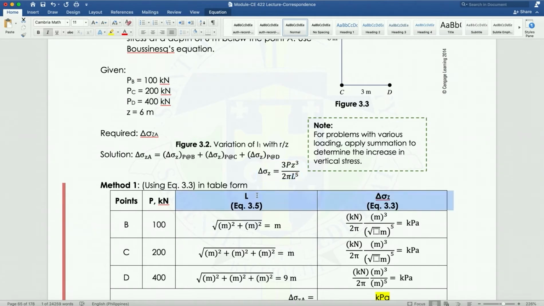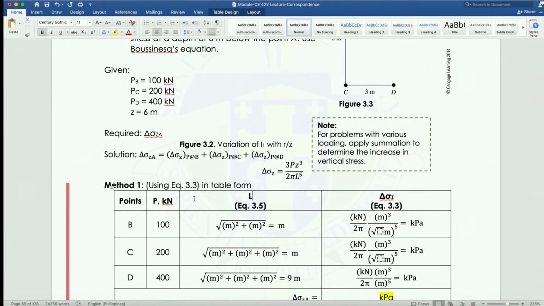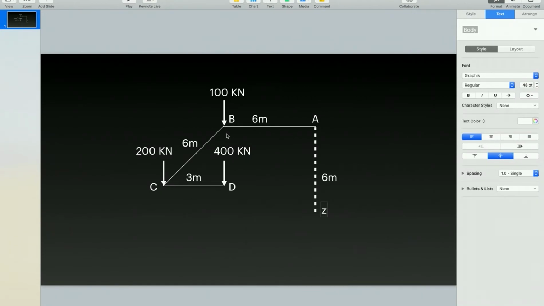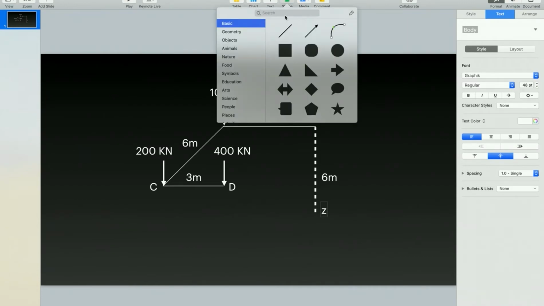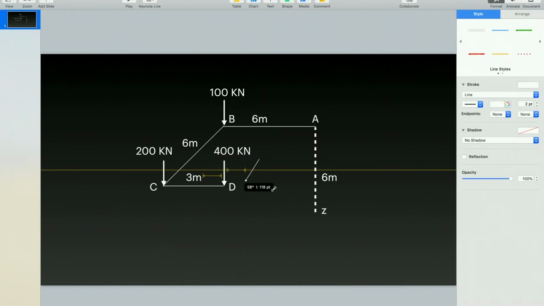Next would be the L. So for L, we said earlier that L is the distance, or the shortest distance, from the point of application to the point where the stress that we are looking for is, and that is this point. Okay, so let's try to insert here. This is the point that we are looking for. So for LB, it is from this point up to this point. So what are the coordinates? We only have 6 by 6.